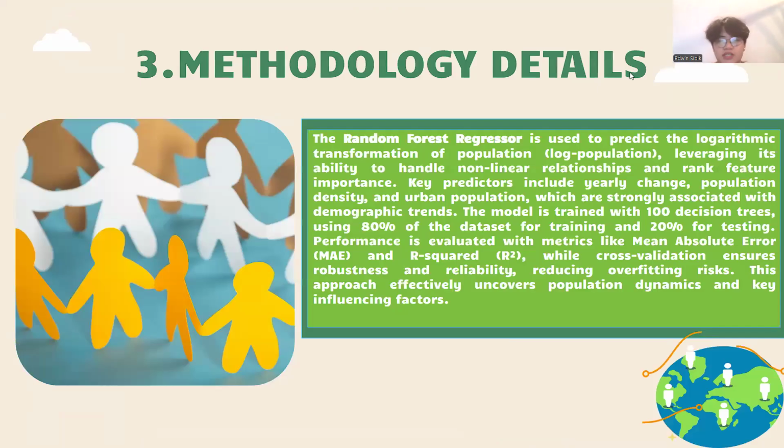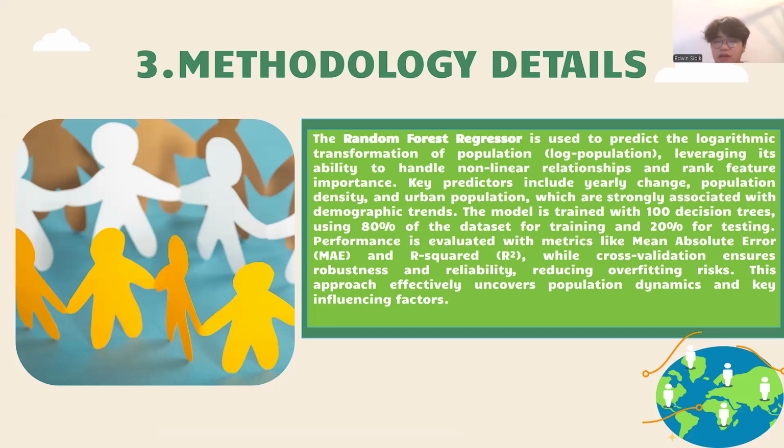Okay. Methodology details. The random forest regressor is used to predict the logarithmic transformation of population, leveraging its ability to handle nonlinear relationships and rank feature importance. Key predictors include yearly change, population density, and urban population, which are strongly associated with demographic trends.